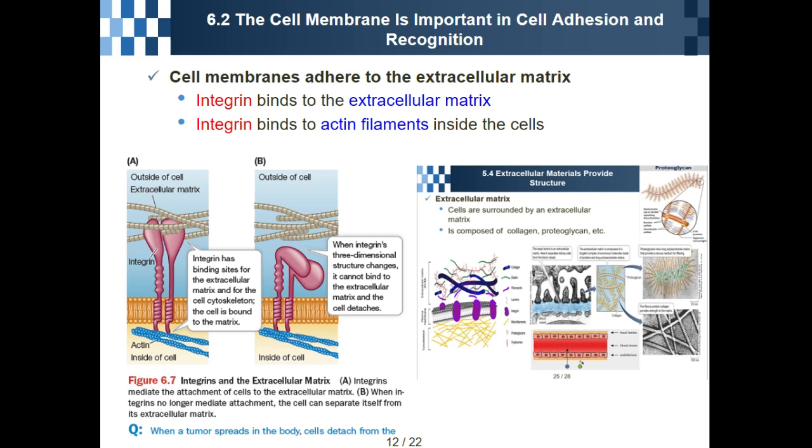In the cell, they have integrin protein. This protein binds to the outside extracellular matrix, and it also binds to the inside of the cell. Integrin binds to the actin filament inside the cell, and outside, integrin binds to the extracellular matrix like this.